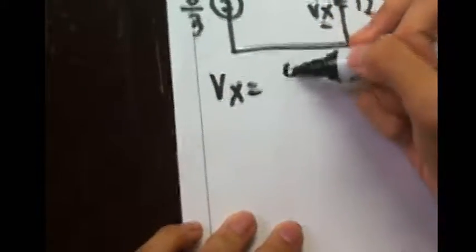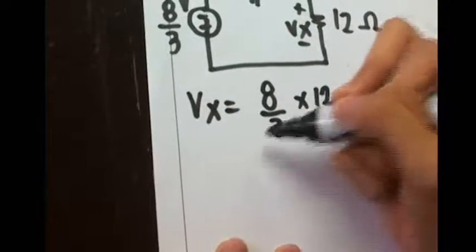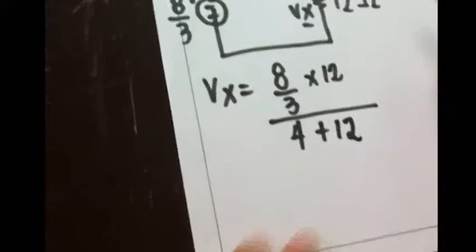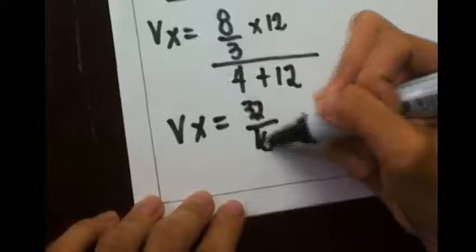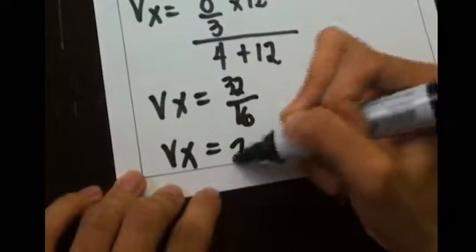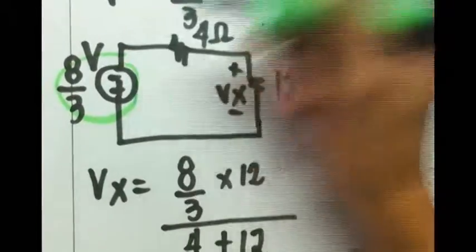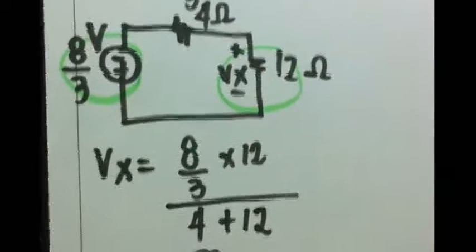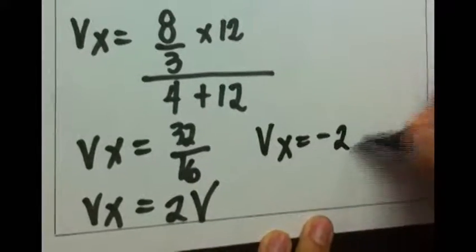Vx is equal to 8 over 3 times 12 over 4 plus 12. Vx is equal to 32 over 16. Vx is equal to 2 volts. As we noticed, the polarity of the voltage source is opposite to that of Vx. Therefore, our final answer should be Vx is equal to negative 2 volts.